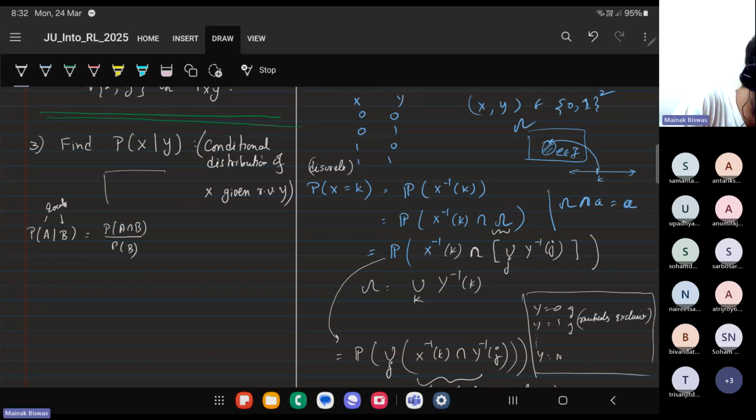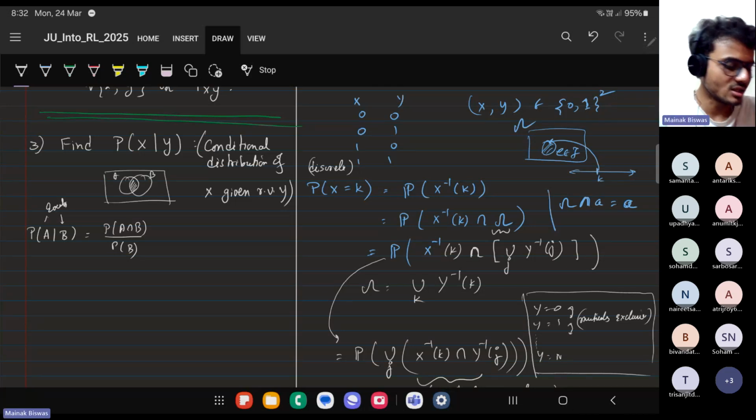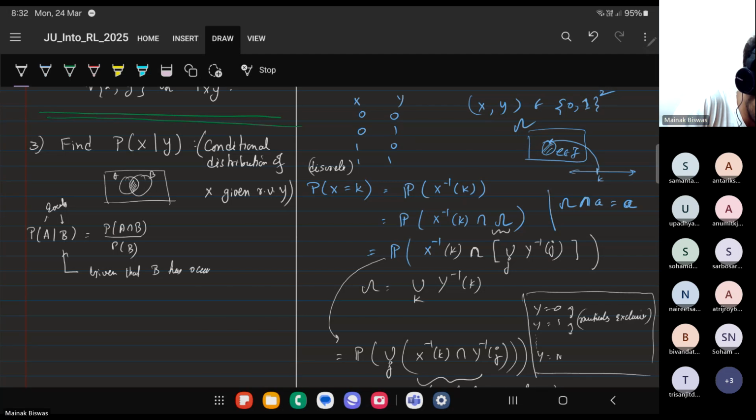You remember that I drew an A and a B and I scaled down. So I said it has to belong to the intersection, since it means given that B has occurred, what is the probability that A has occurred? This is what I had said last time.